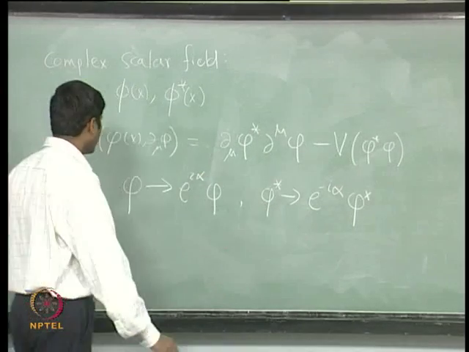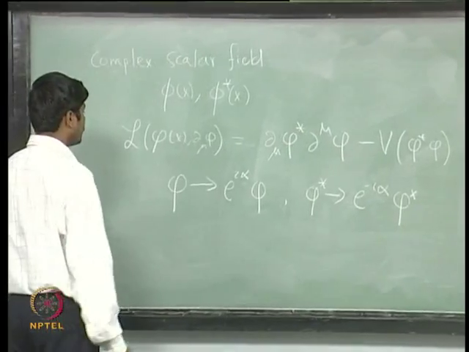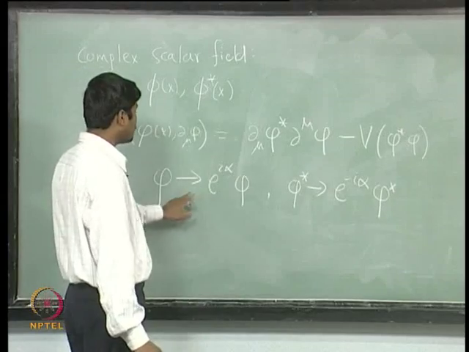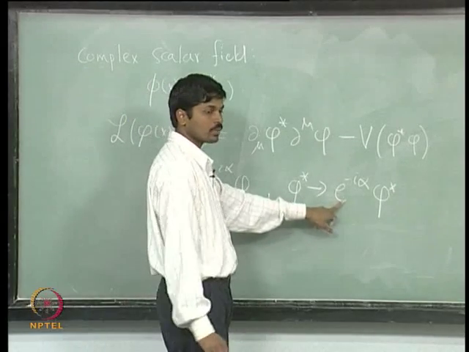We will see what is the corresponding conserved current for such a system. We will consider the infinitesimal form for this transformation.